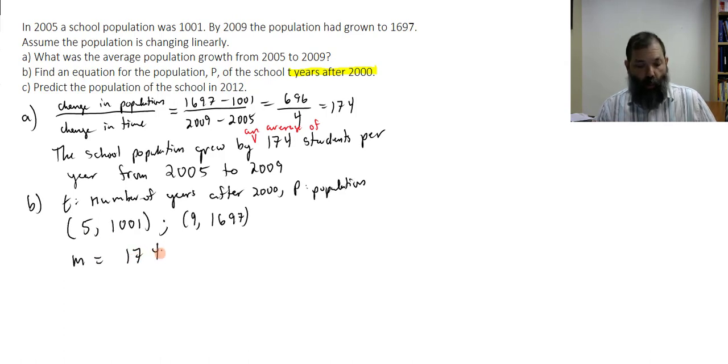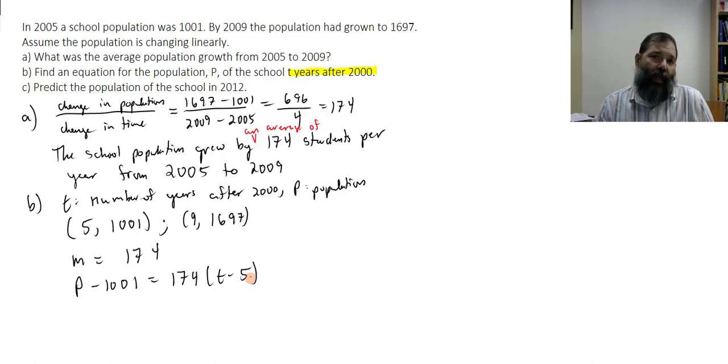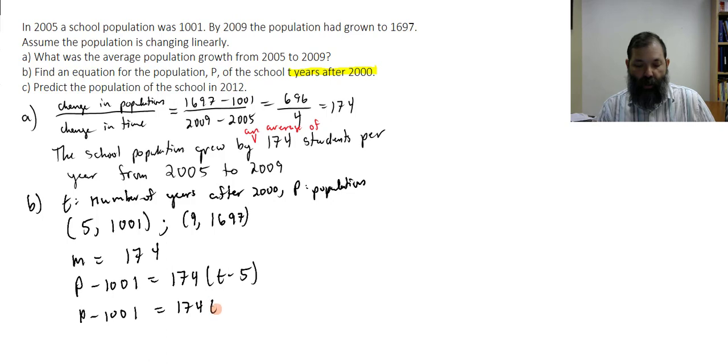So then writing an equation, I could say P minus 1001 is equal to 174 times T minus 5, writing in point slope form. I'll go ahead and take this to slope intercept form. So P minus 1001 is equal to 174T, 174 times 5 is 870, minus 870.